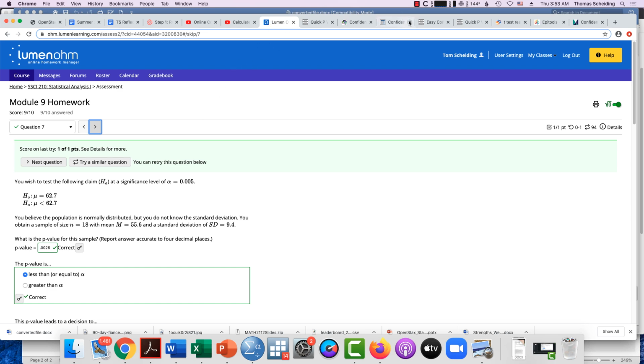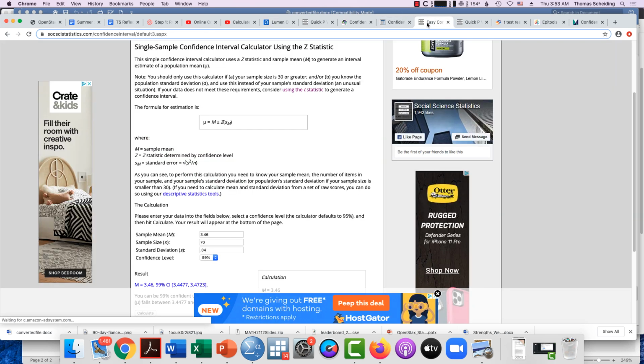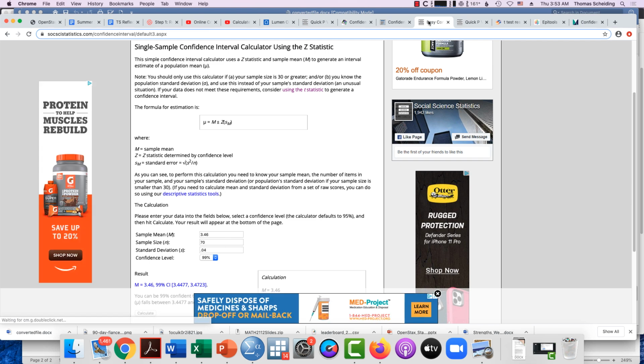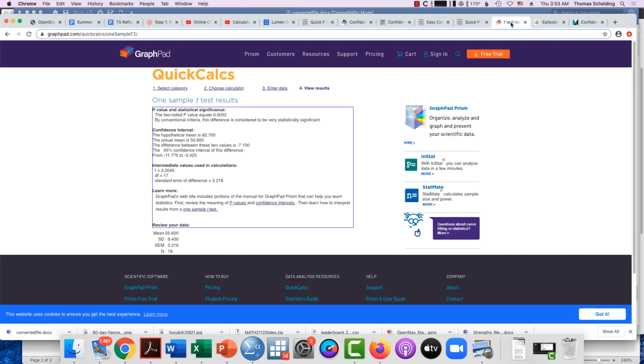And you would type this information. Single sample confidence interval, but you're doing this with a one sample t-test. So, sorry, the calculator you want is the one sample t-test.